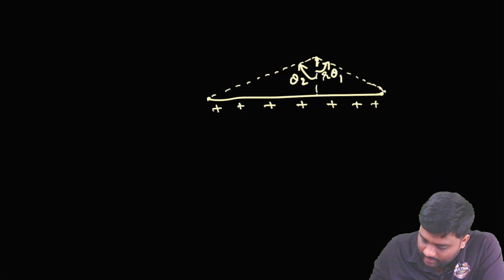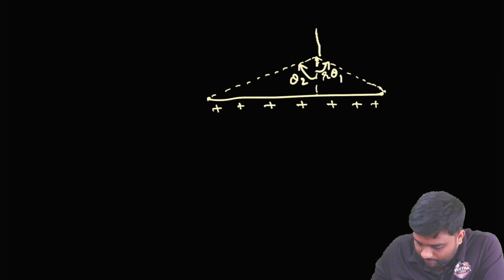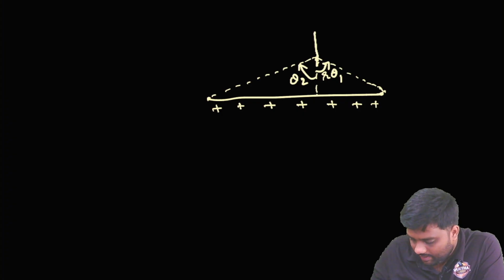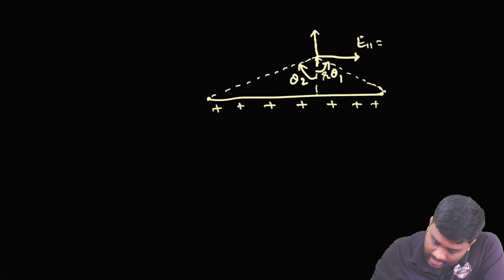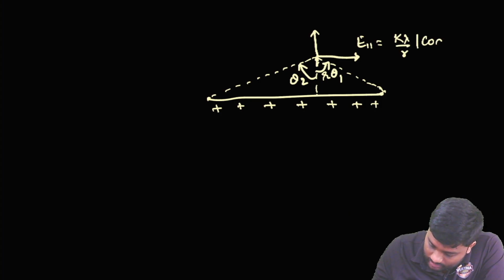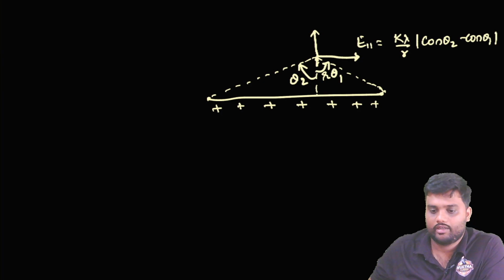In this case, you will get an electric field perpendicular to the wire and also parallel to the wire. E parallel is given by k lambda by r into cos theta 2 minus cos theta 1, magnitude.